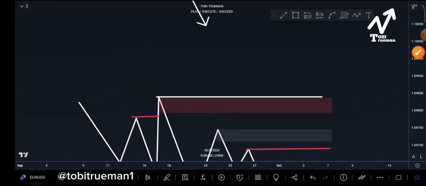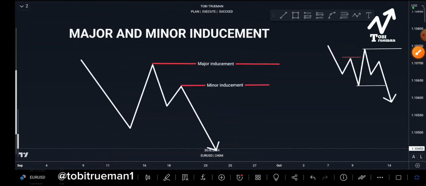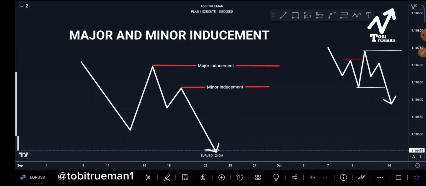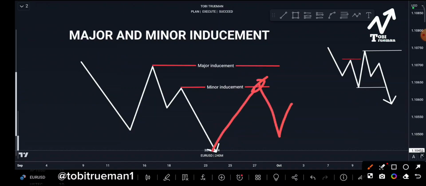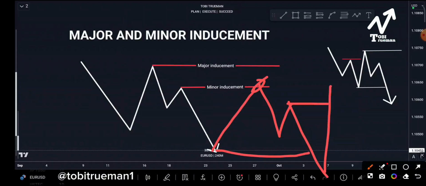So minor and major inducement, we can use it to form market structure. That's to form another new market structure, meaning that if price comes to the minor inducement, gives us our entry, and while coming down, there's an inducement also. Price gives our break of structure. We want price to come to this other minor inducement. If there's entry, we'll take.